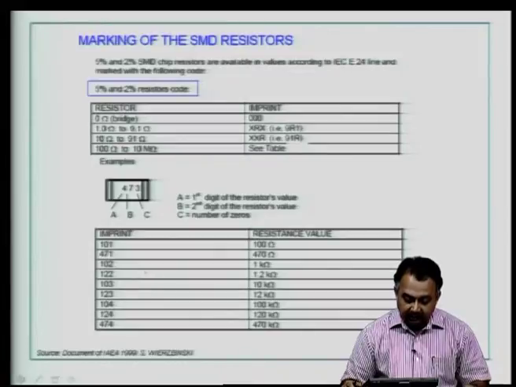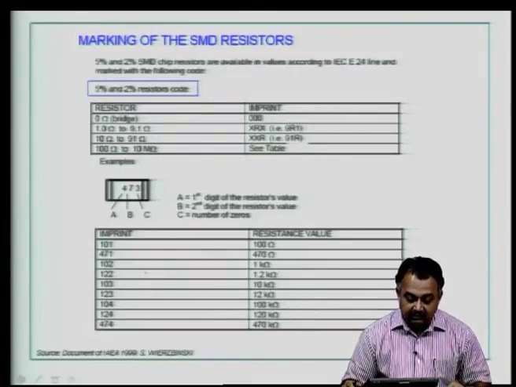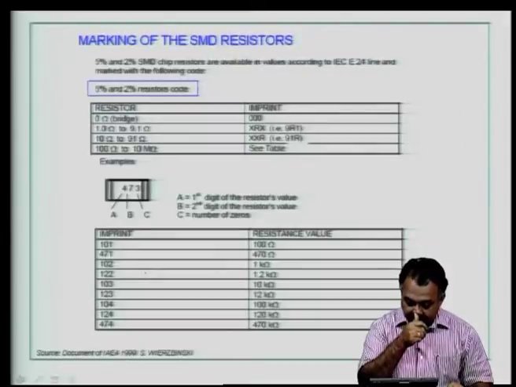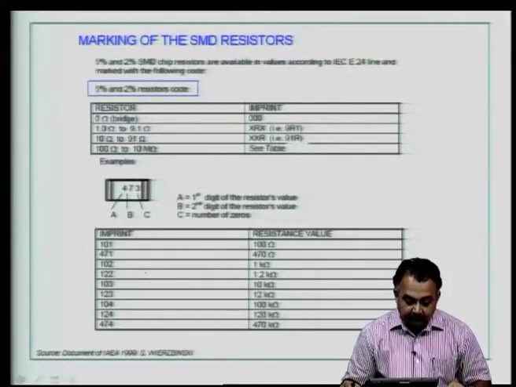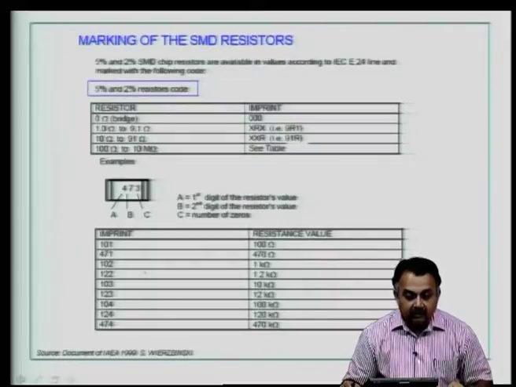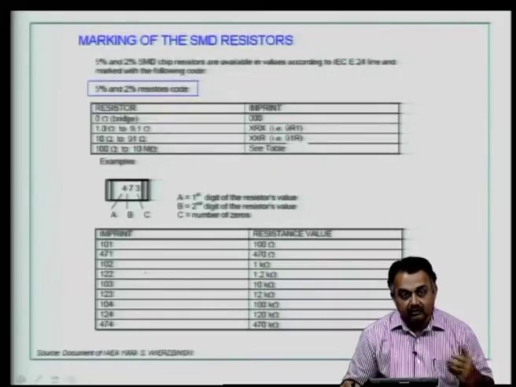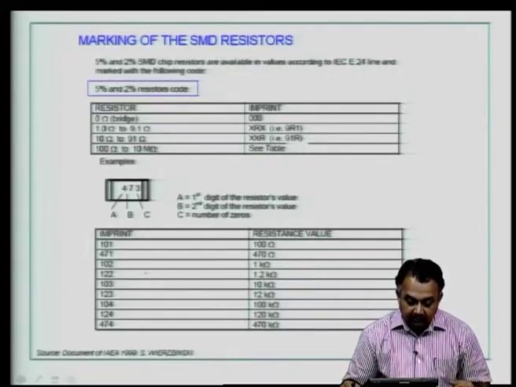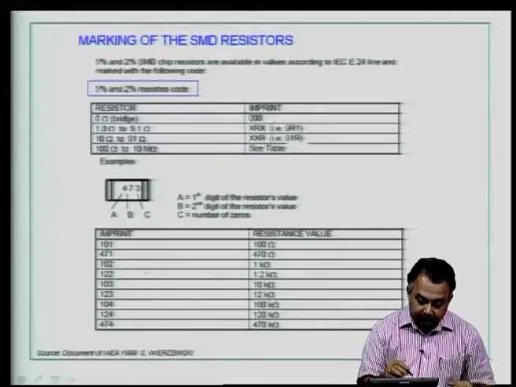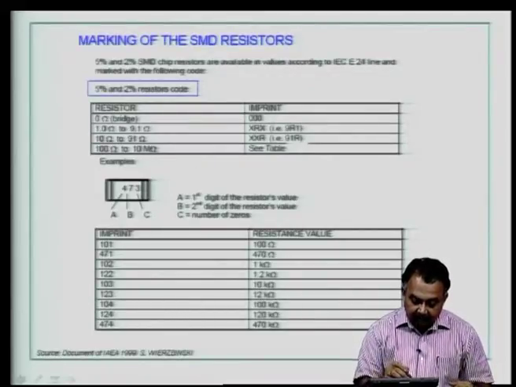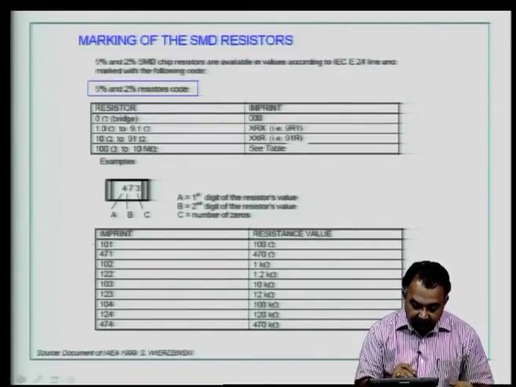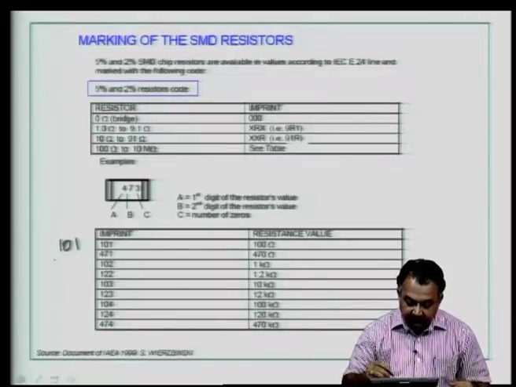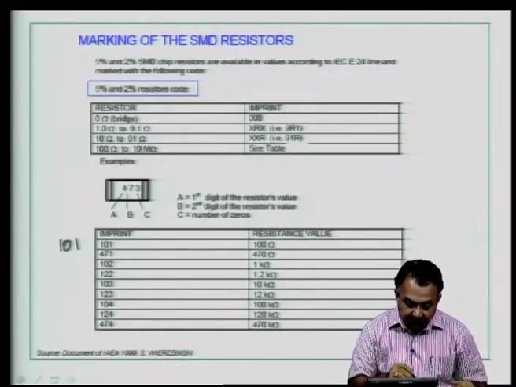We have talked about the case form. Now, we are looking at the marking of the SMD resistors that you will see on the component surface. There are resistors with 5% tolerance, resistors with 2% tolerance, and also 1% tolerance. If you have an imprint, let us say, 101, the value is given by digits A, B, C, where C denotes the number of zeros.